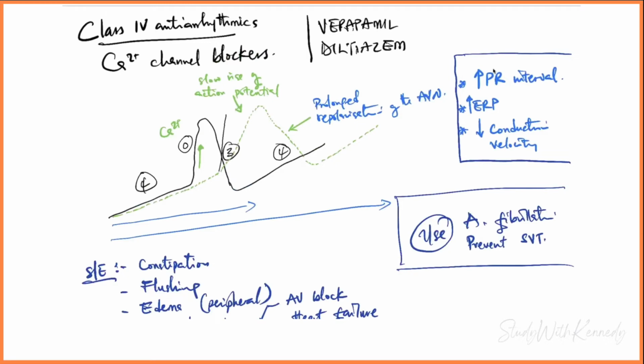Verapamil and diltiazem. Do you know the difference between verapamil and diltiazem and the other calcium channel blockers? Do you remember that the other calcium channel blockers are dihydropyridine medications, whereas verapamil and diltiazem are non-dihydropyridine medications? So remember that.